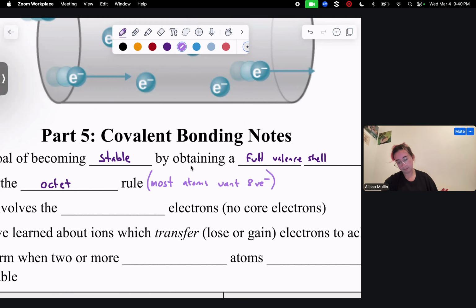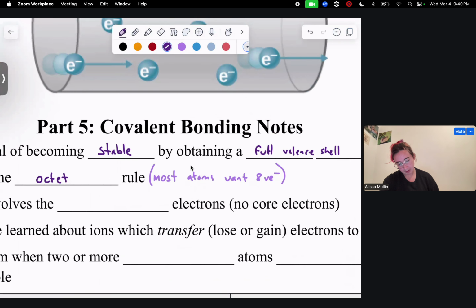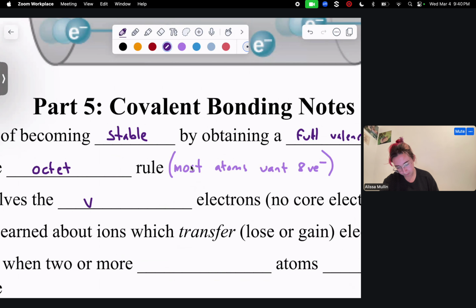Okay, awesome. The whole point of being stable is a full outside shell. Any type of bonding that we've talked about and are going to continue to talk about involves only the valence electrons. Most of chemistry, all this bonding and the reactions we're going to get to later, is all about electrons.